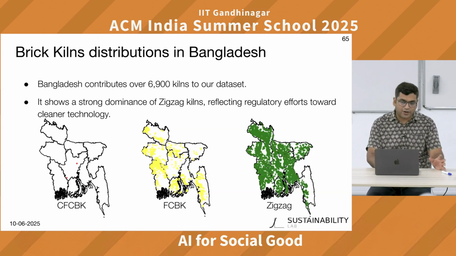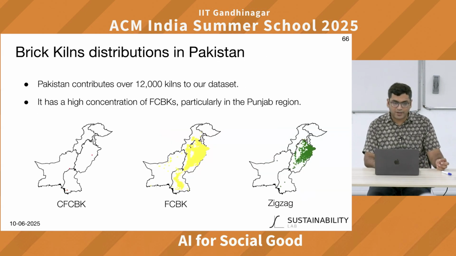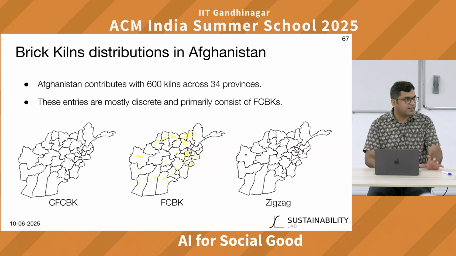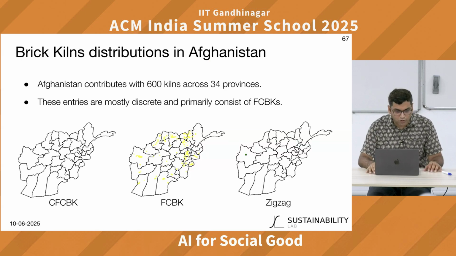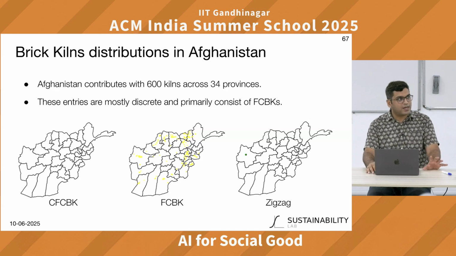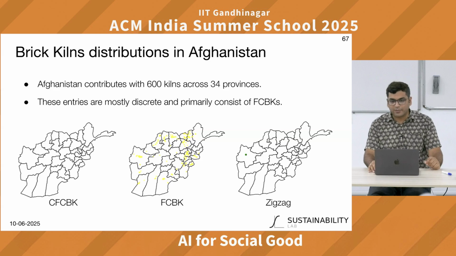There have been very strong regulatory and, I would say, financial aids towards this. And Pakistan is primarily FCBK. Afghanistan doesn't have a lot because perhaps the terrain is mountainous. So maybe there is not so much scope. So we were able to find about 600 kilns. But this could also be, we are not able to detect many kilns yet. So models could also be imperfect.